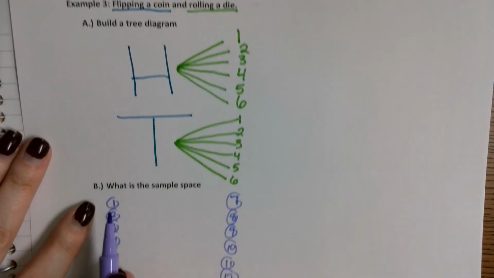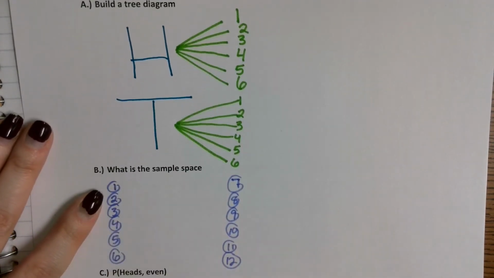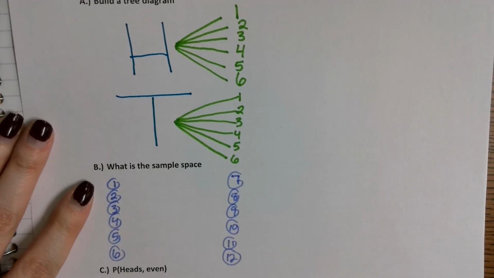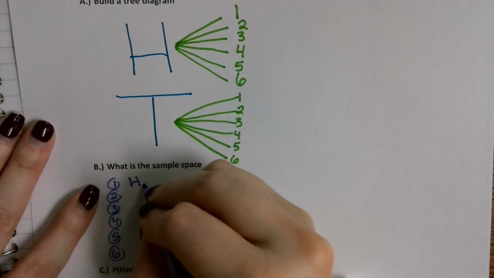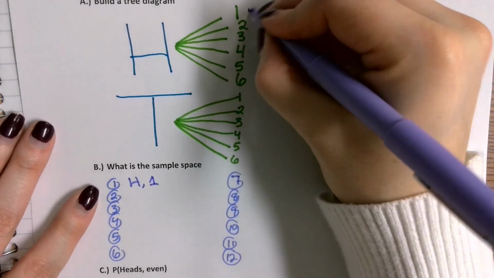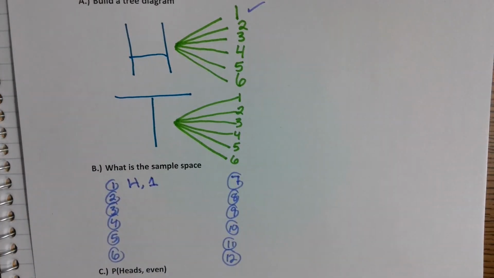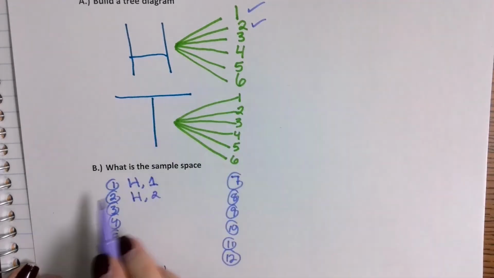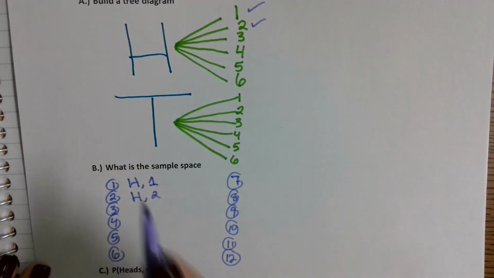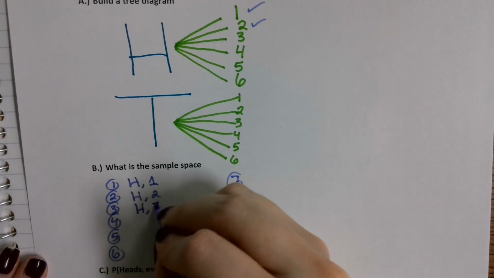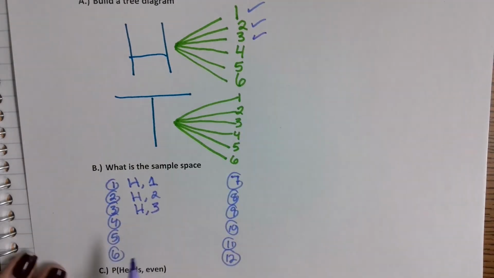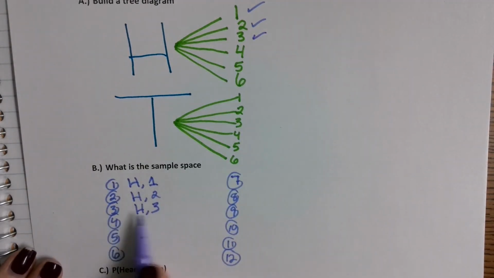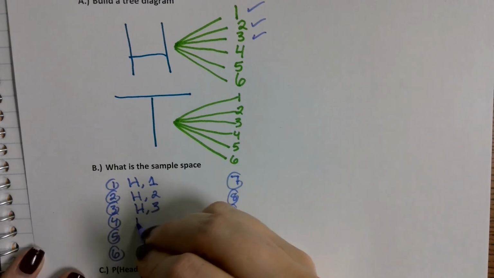Okay, who can tell me what's the first possible outcome from the tree diagram? Antoni? Heads 1. Next. Yep, heads 2. Miguel, what would be the next one after that? We did heads 1, heads 2. What's the next one? Heads 3. Francisco, what's the next one? We did heads 1, heads 2, heads 3, heads 4. Very good.